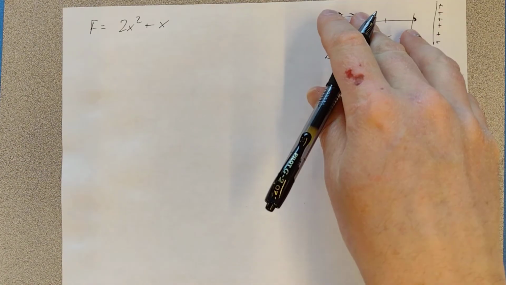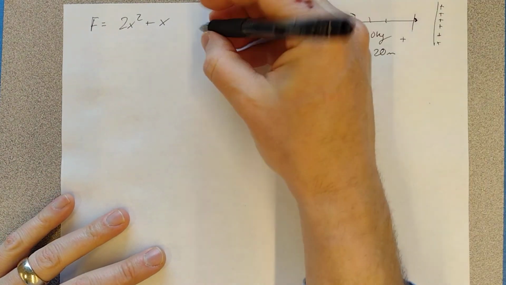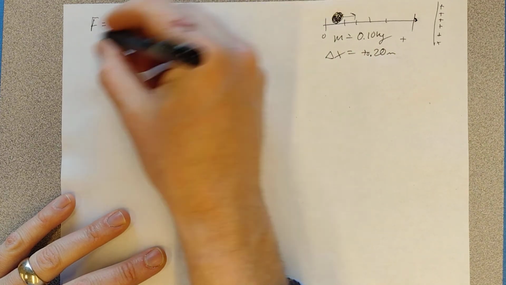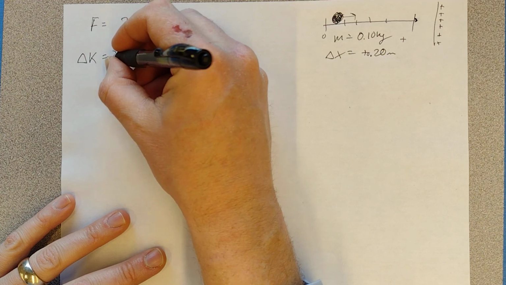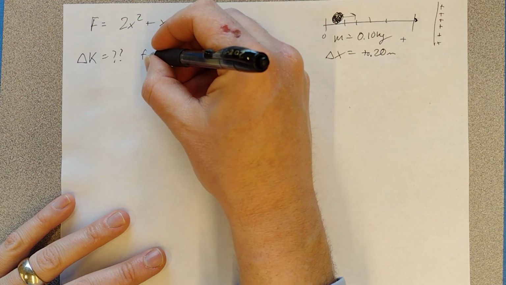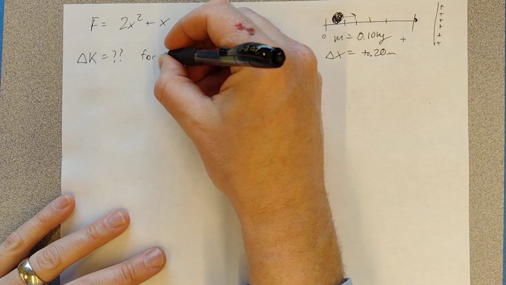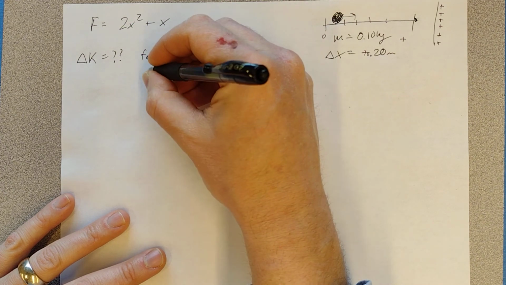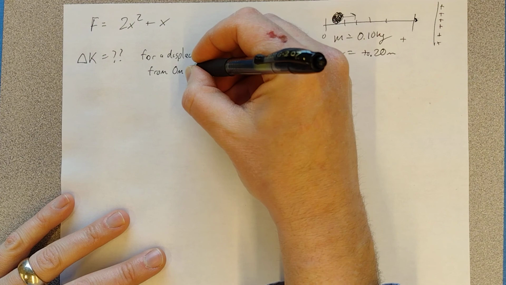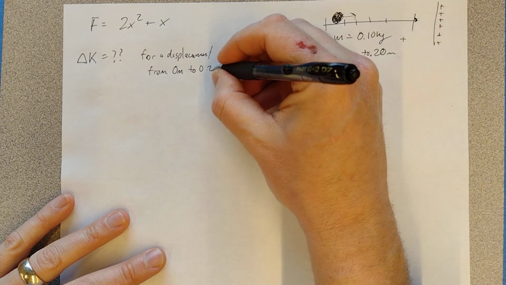So we're looking for the work done, or the change in kinetic energy, delta K equals what for a displacement from 0 meters to 0.20 meters.